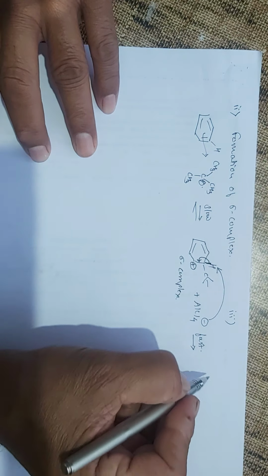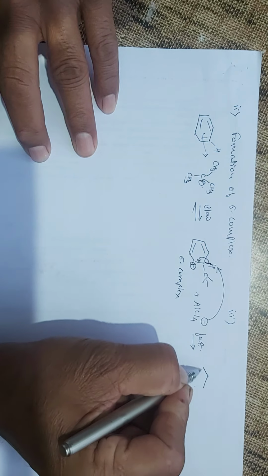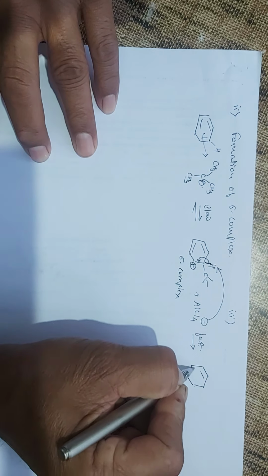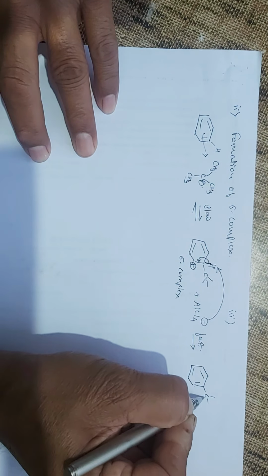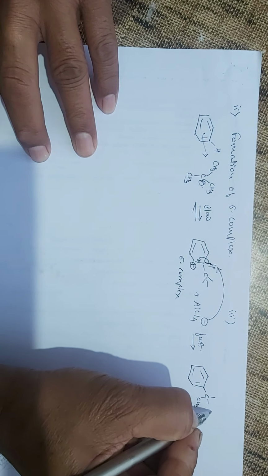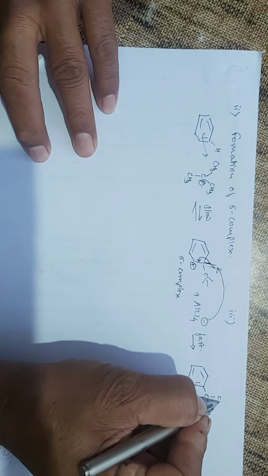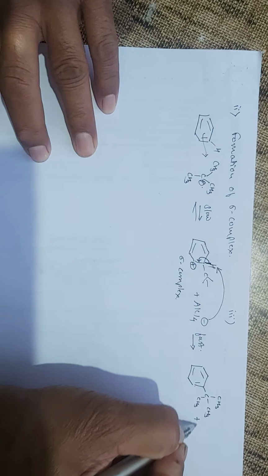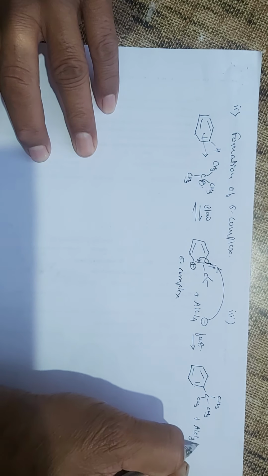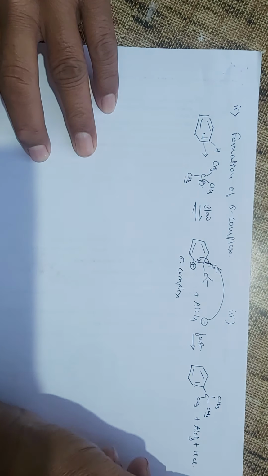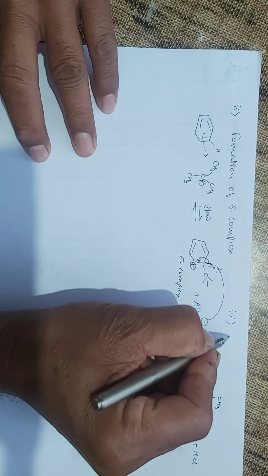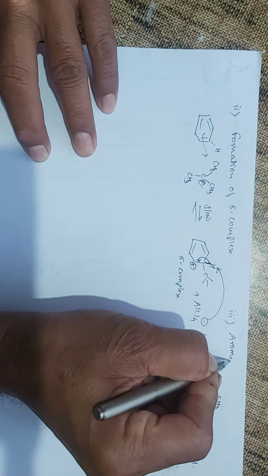Here, the rate determining step gives the formation of tertiary butyl benzene as the product, and in the overall reaction you get back the Lewis acid and HCl. This step is termed aromatization of the benzene ring.